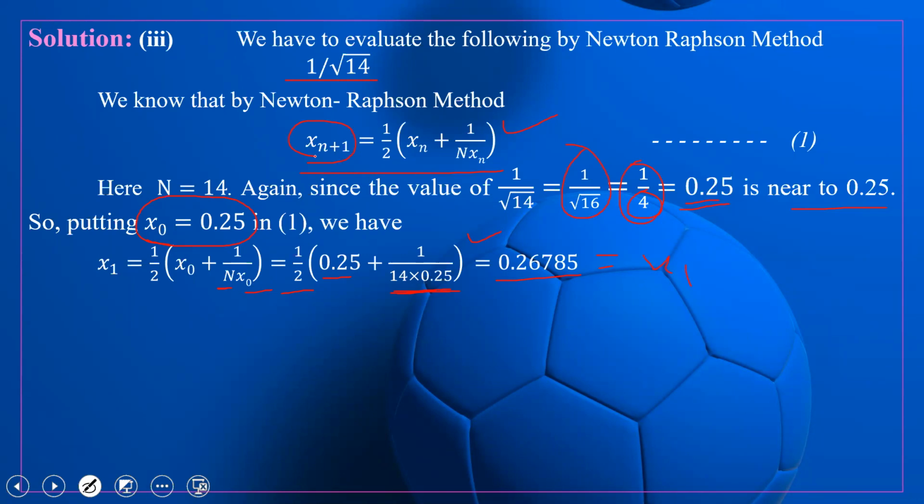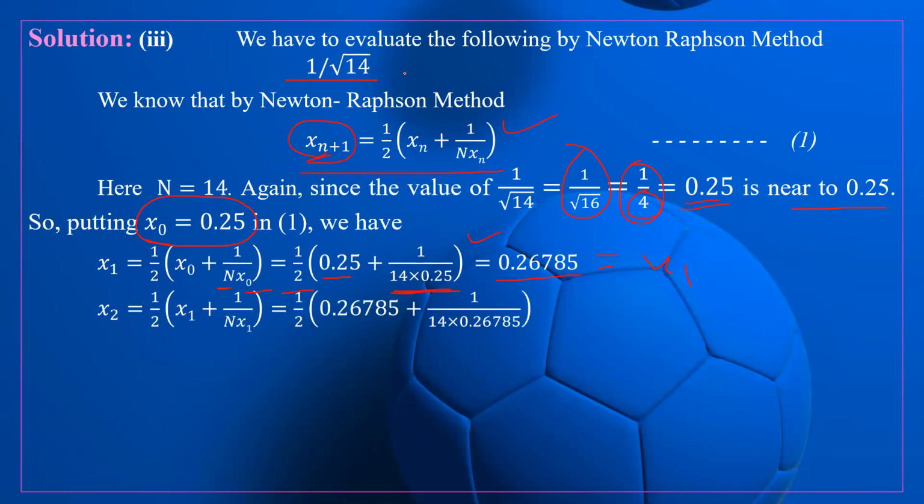Then we get x2. x2 is equal to 1 upon 2 times (x1 plus 1 upon n x1), and the value of x1 is 0.26785, so we get 0.2672618.